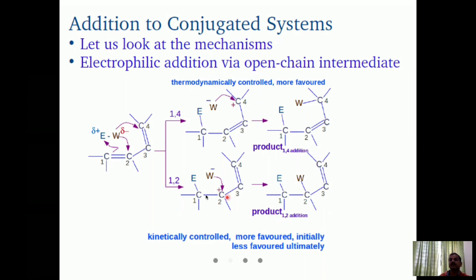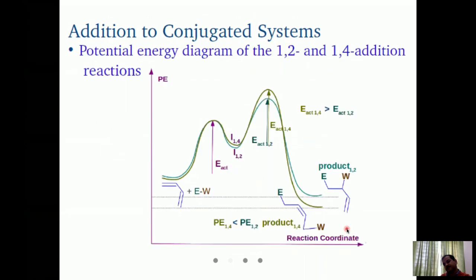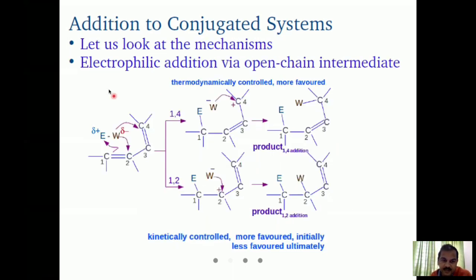It means the energy barrier is lower in this reaction, but the product is not very stable. You can see here the activation energy and the intermediates, 1,4 and 1,2. Up to when the electrophile attacks, both are the same. This step was the same: the electrophile is making a bond here. That was the first step.